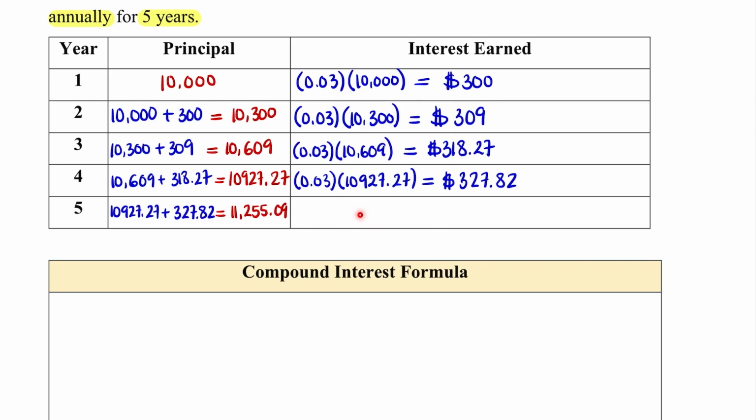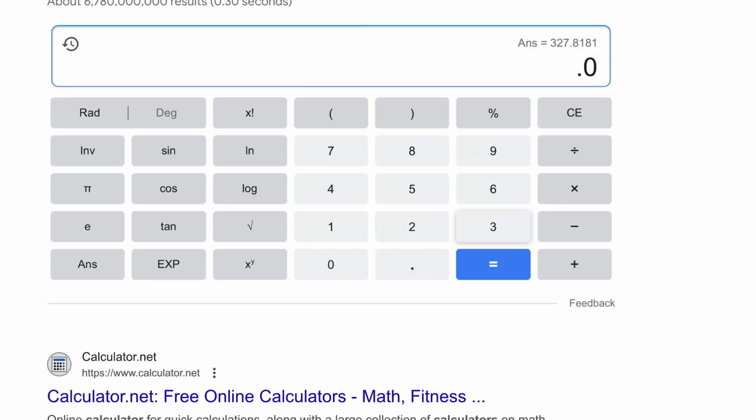And the interest for the fifth year will be 0.03 times $11,255.09, and that is 337.6527.